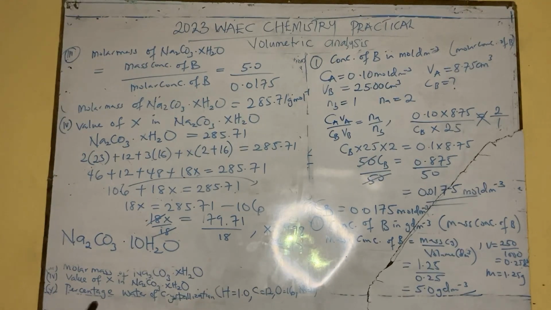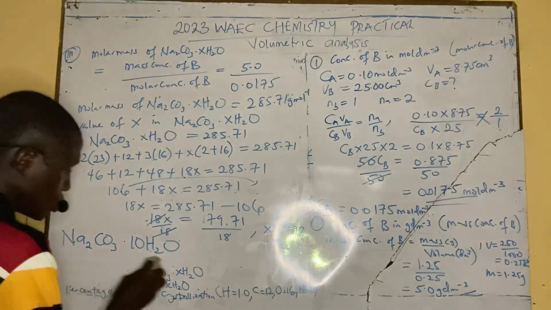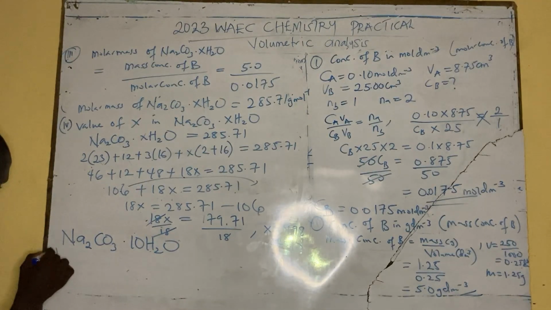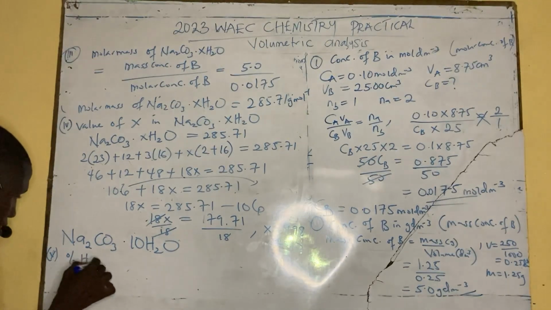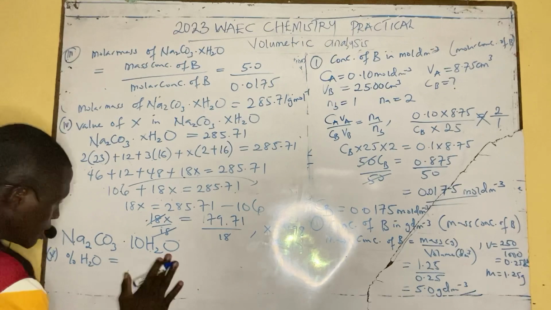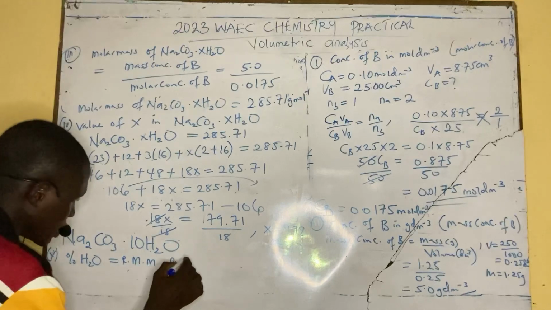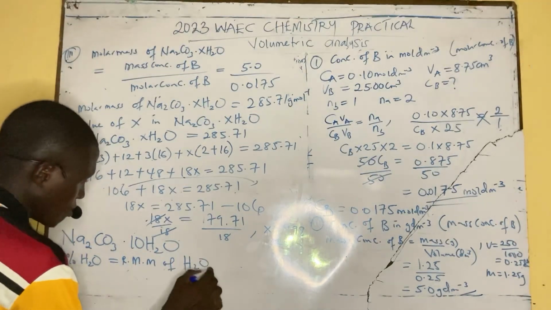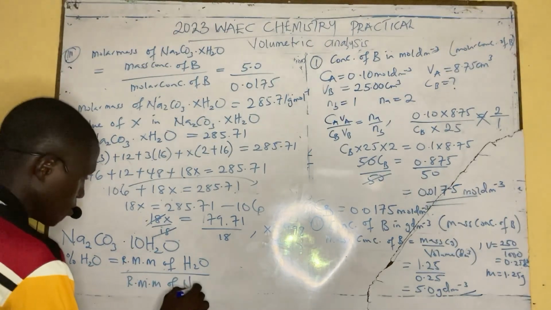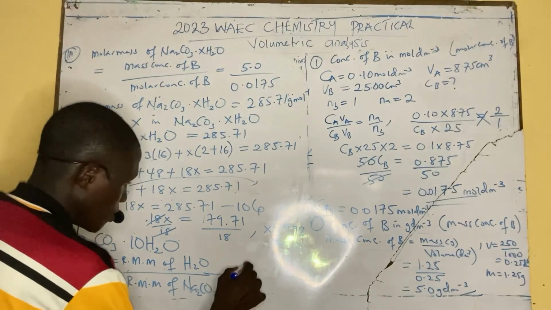The last one is percentage water of crystallization. How do you get that? Percentage water of crystallization is simply the relative molecular mass of water over the relative molecular mass of the compound, times 100.